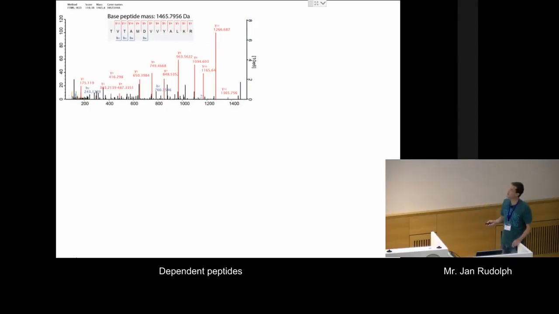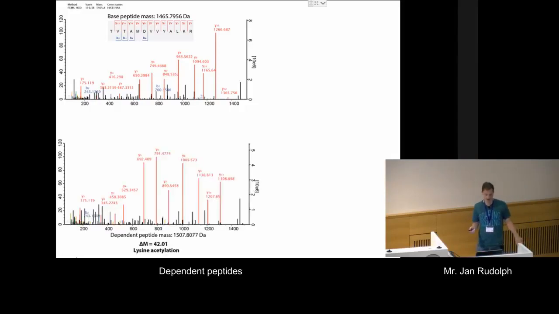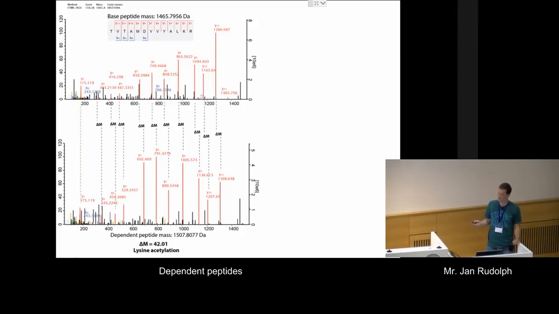So here you can see an example. This is the base peptide, which we were able to identify during our regular search. And on the bottom you can see the dependent peptide, which we were able to uncover using the dependent peptide search. Now if you compare the Y-ion series, you can see that the Y1 ion is actually identical between the top and the bottom spectrum, but starting from the second Y-ion, there's a mass shift along the entire series.